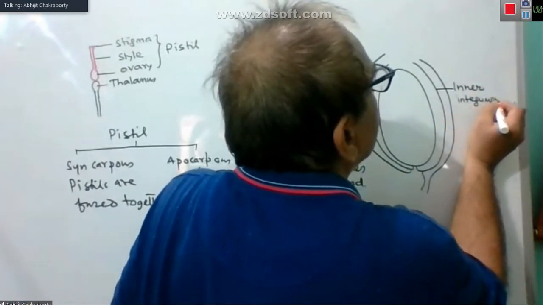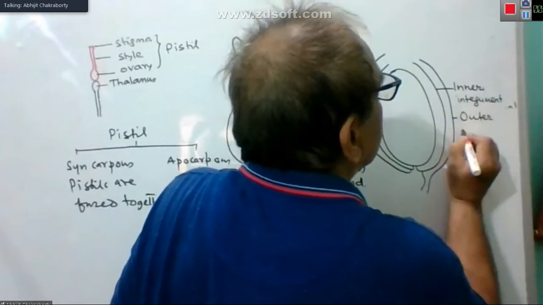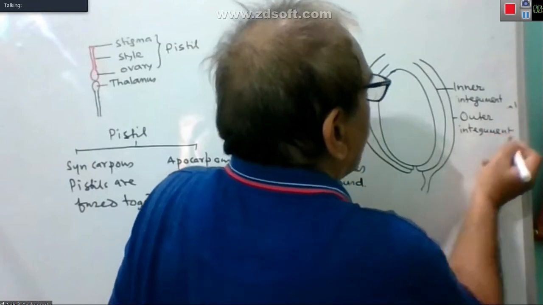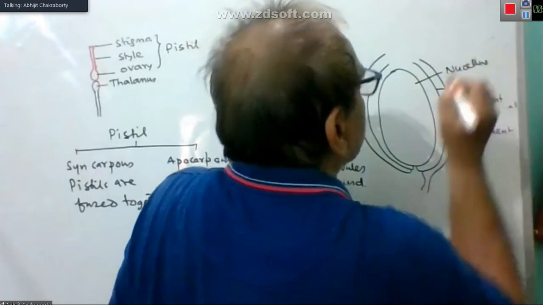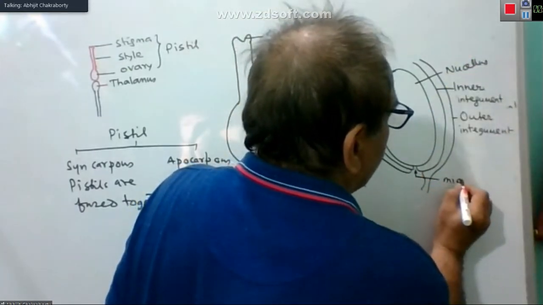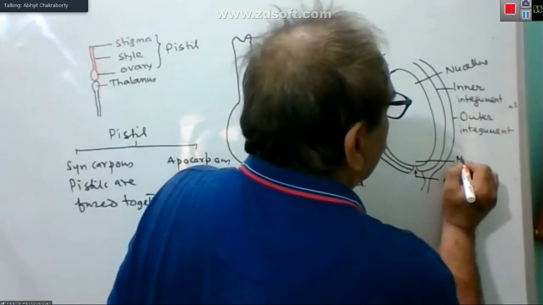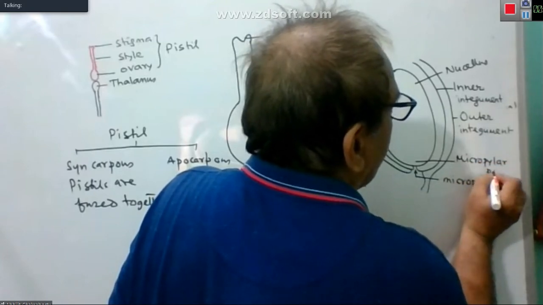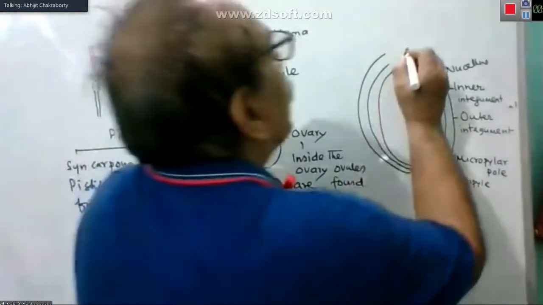Inner integument, the outer integument, is the nucellus. Here, this point is called micropyle. So you can call it micropylar pole. And this is the chalazal pole.